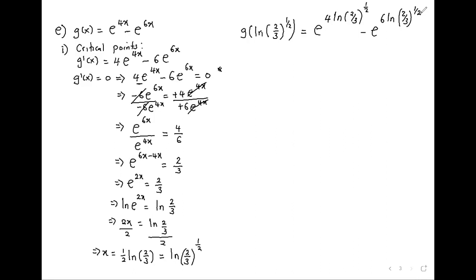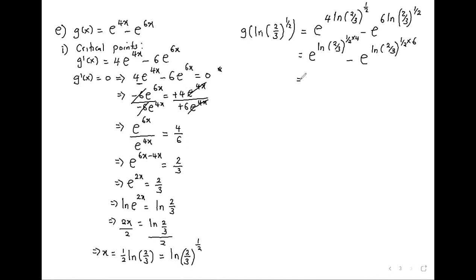So those coefficients of ln can be taken to be the powers now. So we have e^(ln (2/3)^(1/2) multiplied by 4) minus e^(ln (2/3) multiplied by 6).